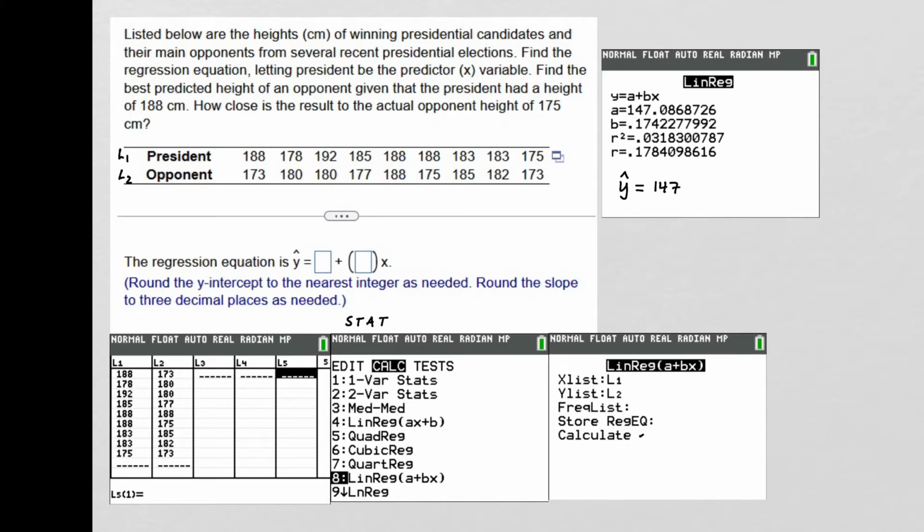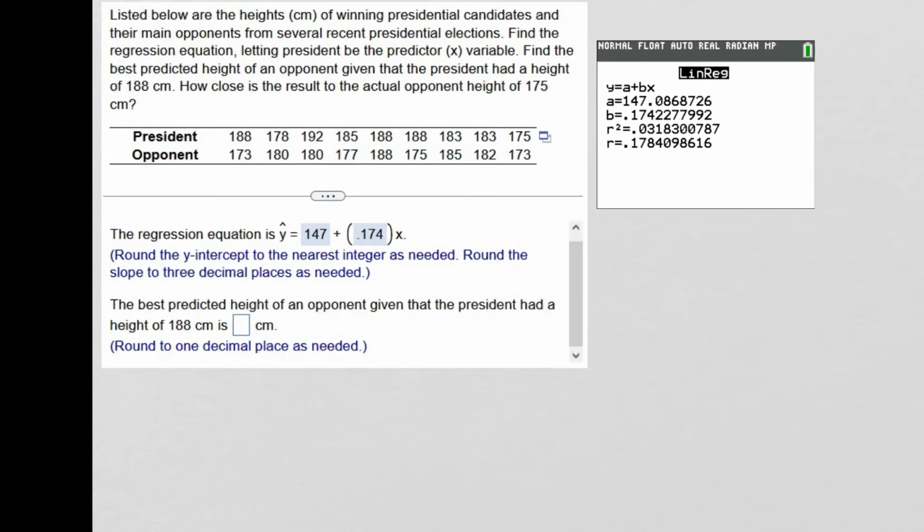It's said to round to the nearest integer for the y-intercept, plus 0.174 for the slope, because we're rounding that to 3 places. So that's the equation of the regression line. And we put that in and we'll see that that is the correct equation.